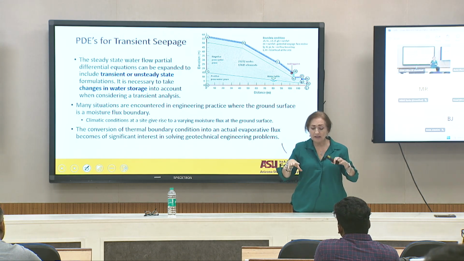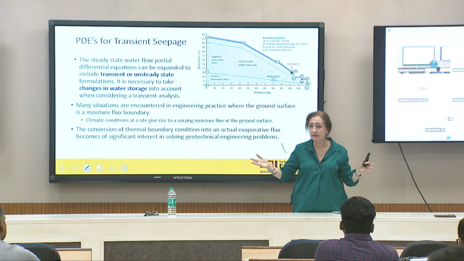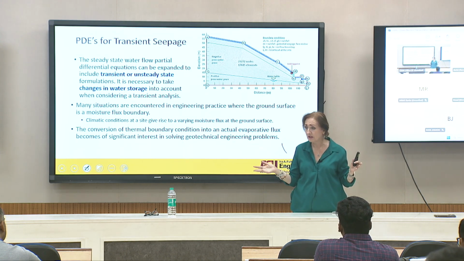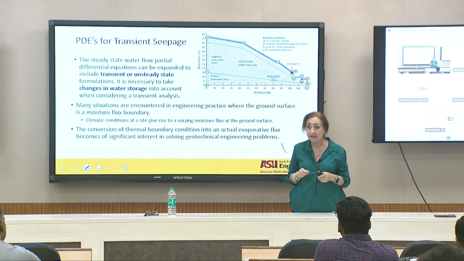So, for example, you do have a potential evaporation for a particular site, and all these numbers we know based on the weather station conditions. Now what we need to figure out is the actual evaporation, the water the soil is going to give up. Remember what the soil-water characteristic curve means, the soil moisture retention.